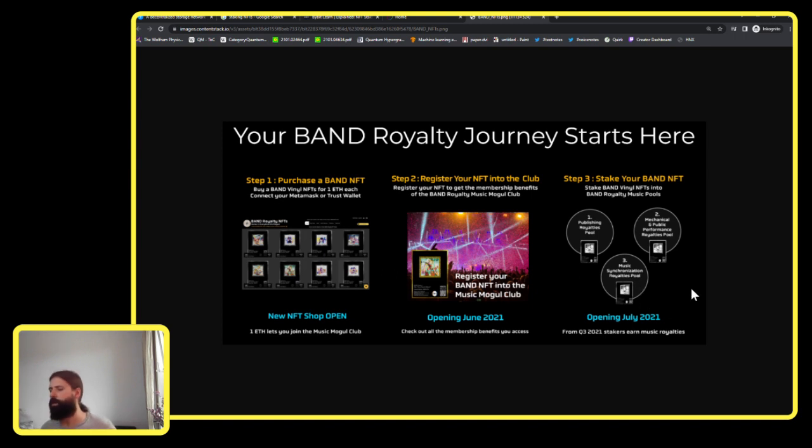By staking, so you buy the NFT and then you stake the NFT. And what is it that you're doing then? You're doing a public performance royalties pool, publishing royalties pool.